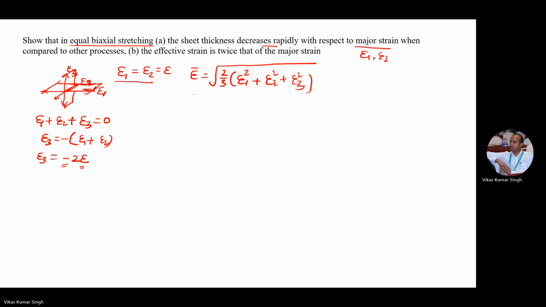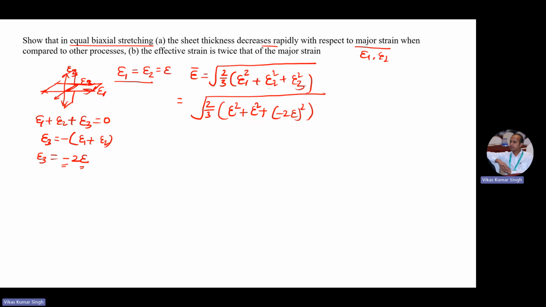Here epsilon 1 and epsilon 2 are equal, and that is epsilon. So we can put 2 by 3 into epsilon square plus epsilon square plus minus 2 epsilon whole square, with the whole bracket under the root.